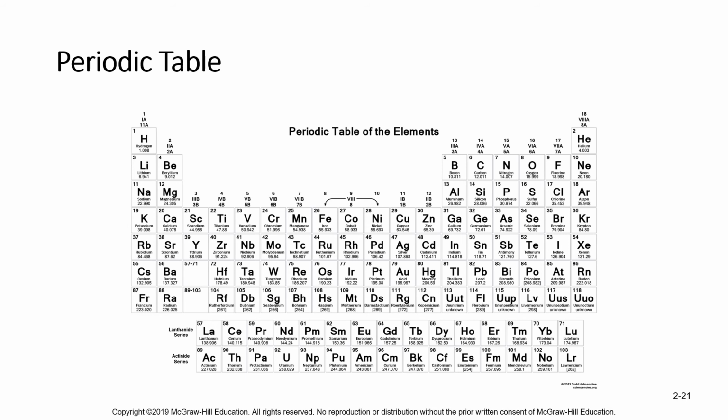So here's a periodic table, and I'm going to go over some of the information from the slides I skipped. Your periodic table is organized into rows and columns. Now, the rows are called periods.